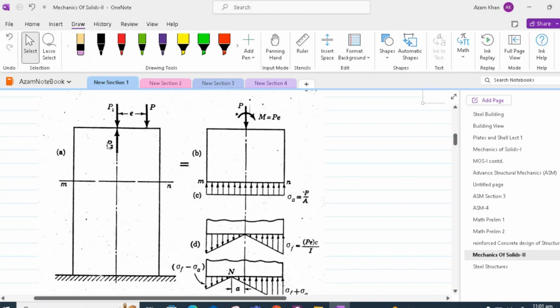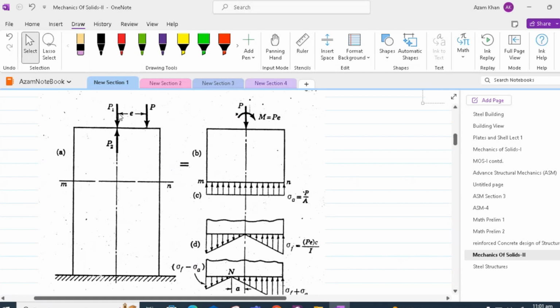We'll first do it for a 1D problem and then carry over the concept to the 2D problem. So in this figure, we have a short strut carrying compressive load P applied with an eccentricity E along one of the principal axes.